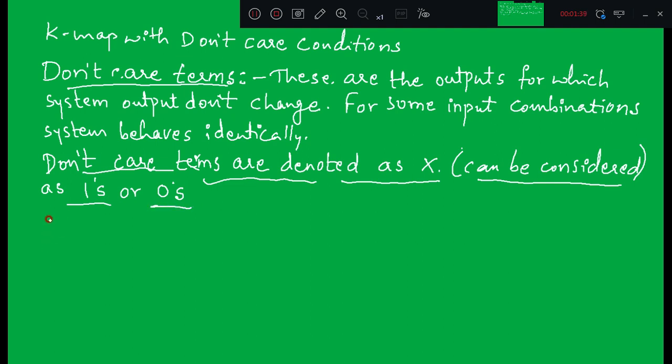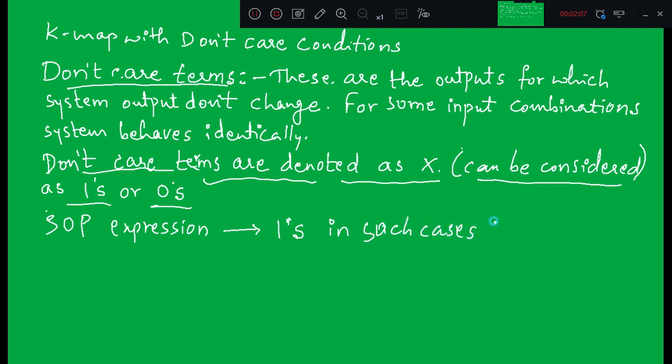So x can be considered either as a 1 or as a 0. When finding the simplified SOP expression using a K-map, we group the ones, and in such cases the don't cares are considered as 1, or they act as 1.